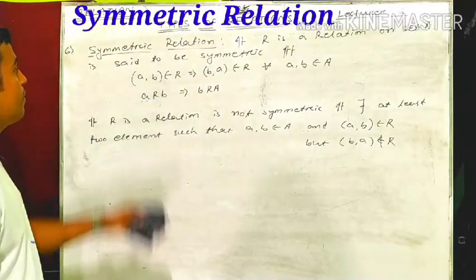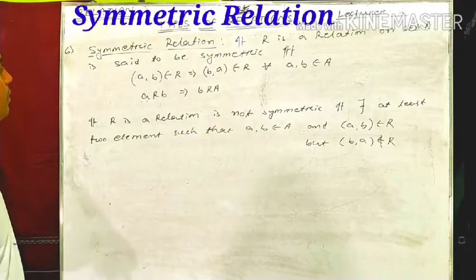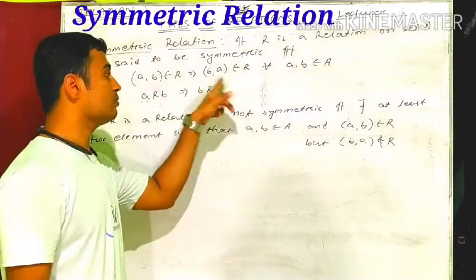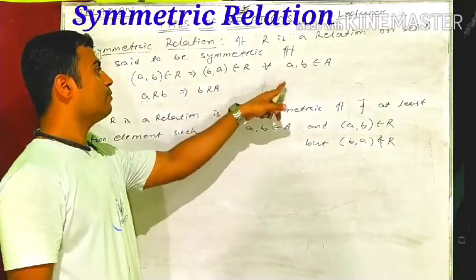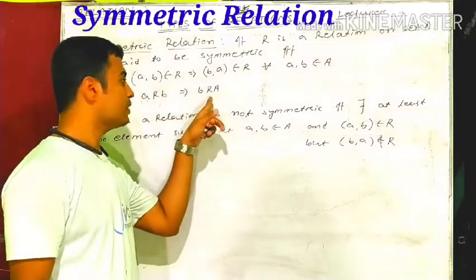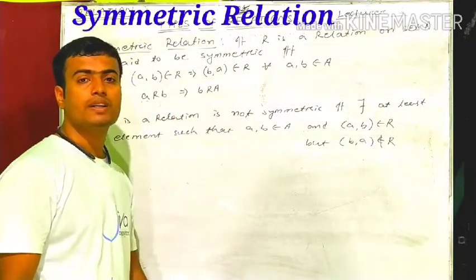So here the symmetric relation gives us (a, b) belongs to R implies (b, a) also belongs to R, for all a, b belonging to A. a related to b implies b related to a is a symmetric relation.